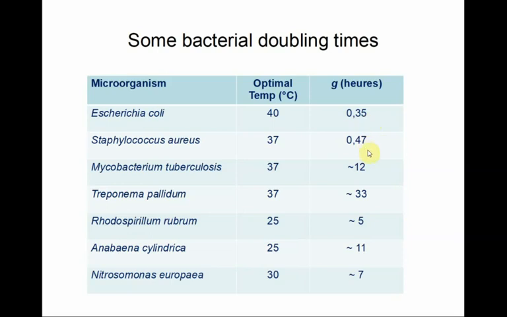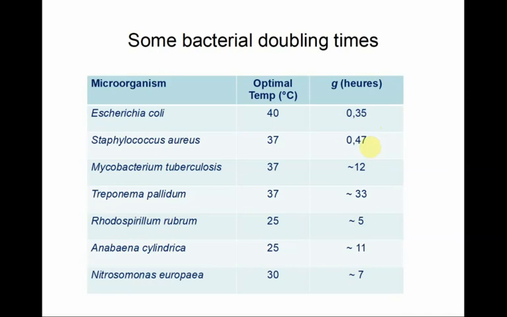This is 0.5, about 30 minutes. So E. coli under optimal conditions can double every 20 minutes. Staphylococcus aureus every 30 minutes, 0.5 hours. Now that's not true of every bacterium. Mycobacterium tuberculosis only doubles every 12 hours. And this has very important consequences when you want to isolate different types of bacteria.